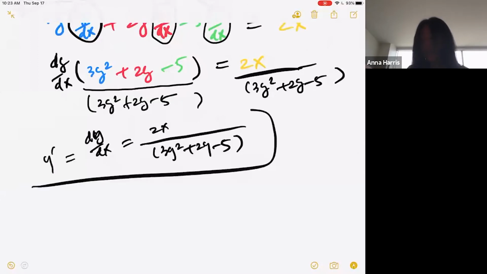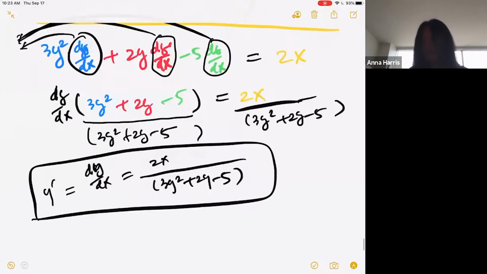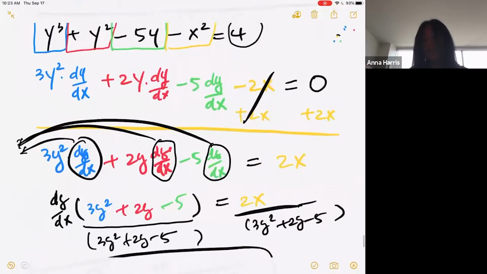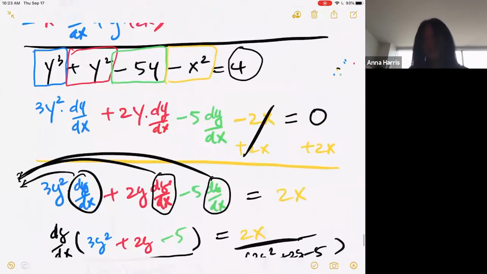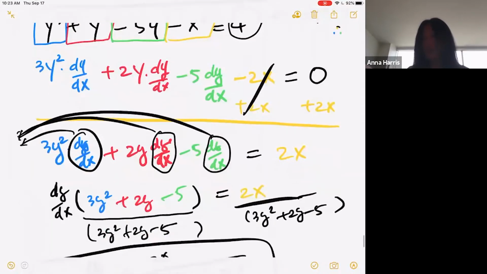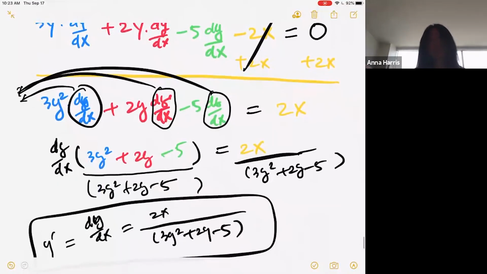So that's your answer. When you take the implicit derivative of that, it becomes this. All right, class?